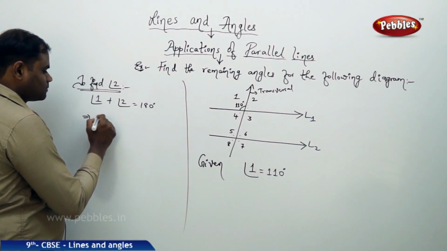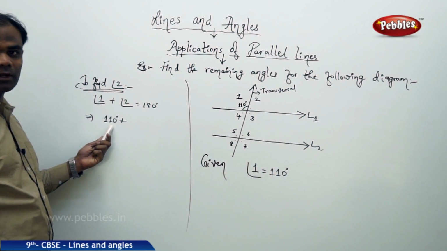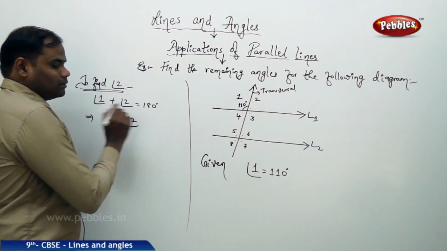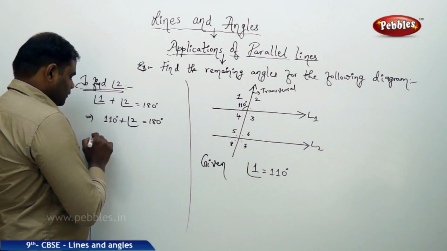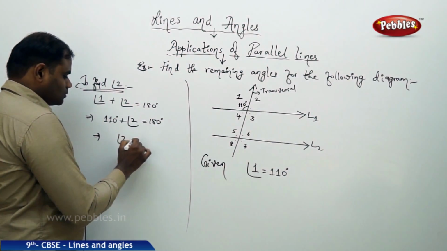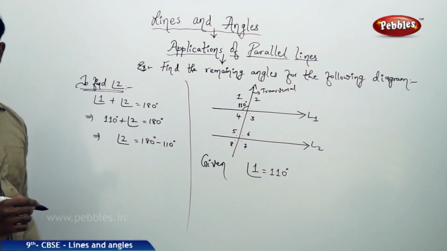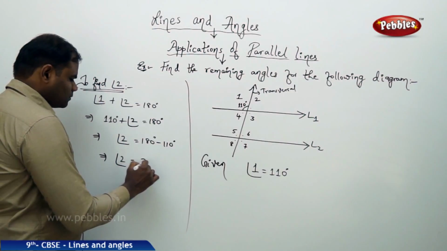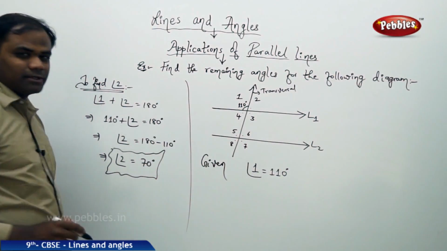That implies angle 1 which is 110 degrees, substituted out here, plus angle 2 which I need to find using this equation. Therefore, angle 2 is 180 minus 110, which on simplification gives angle 2 equal to 70 degrees.